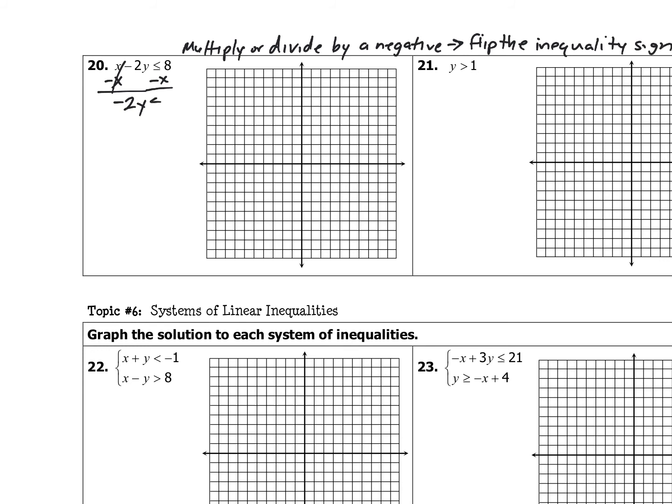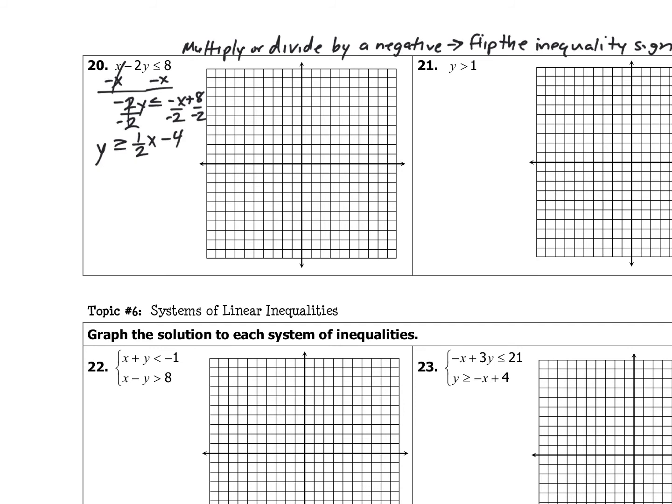Negative 2y is less than or equal to negative x plus 8, so nothing's changed yet. But I'm about to divide both sides by negative 2, and when I do that, I have to flip the inequality sign. So y is now greater than or equal to positive 1/2 x, because a negative and a negative make a positive, minus 4.